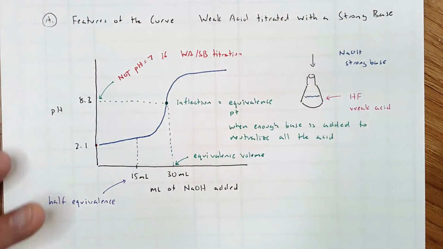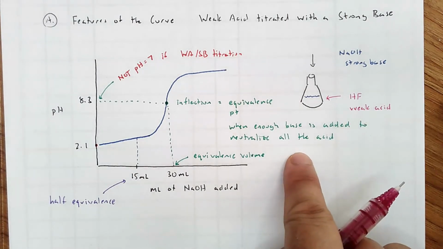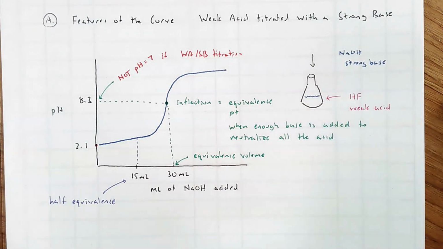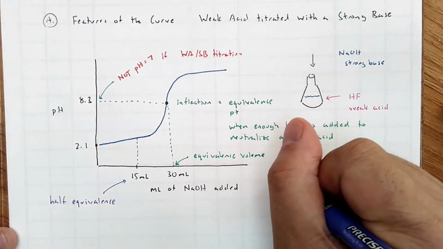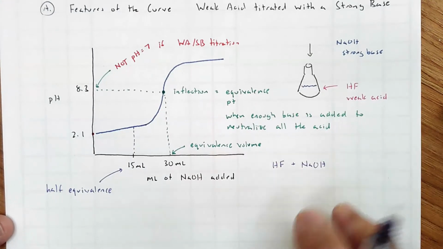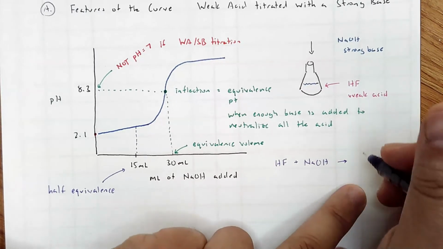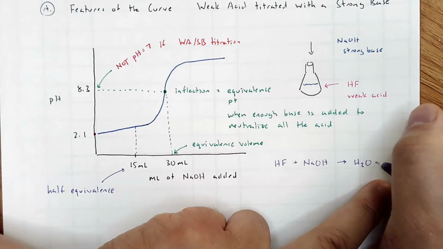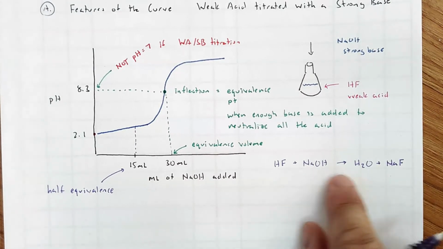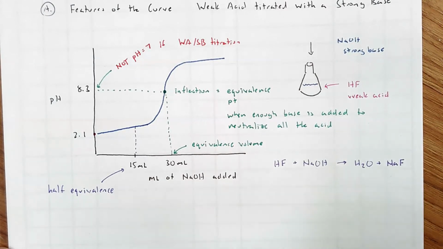Now, what's the reasoning for that? The reasoning for that is, let's say we're doing the titration, and we have HF plus NaOH. When you have equal amounts of that, let me draw the neutralization reaction, plus NaF. So we neutralize. We sequestered all of the H plus and the OH minus from these two species.